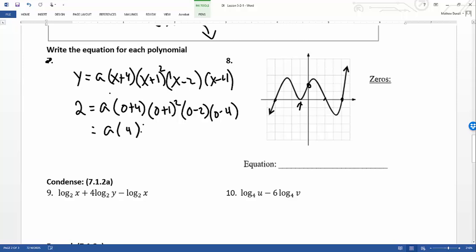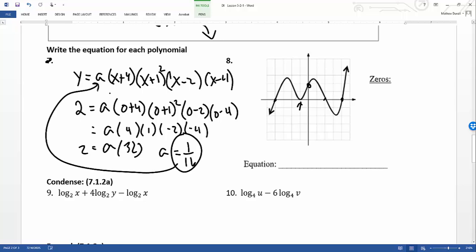So that's 4 times 1 times negative 2 times negative 4. So that's a times, what is that? 4 times 4 is 16. Times 2 is 32. So divide by that, a equals 1 over 16. So you just need to make sure you plug that in for a.